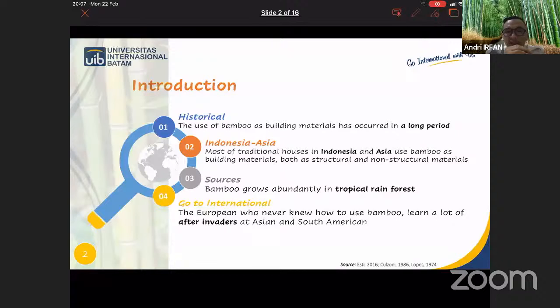But after the industrial era began, the use of bamboo as a building material became obsolete. Bamboo is considered cheap and non-permanent. It is also considered a low-class material, often called the poor man's timber, by many modern builders.